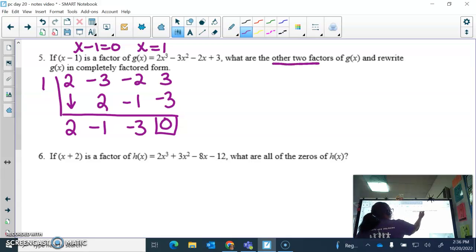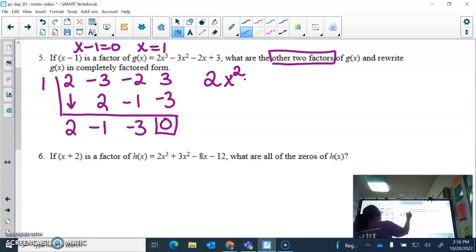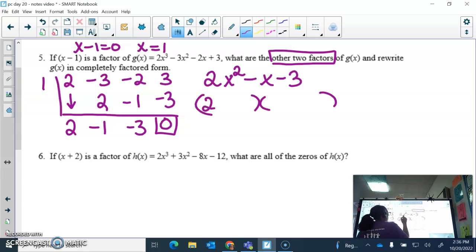And it says, what are the other two factors? So now I'm going to change 2 and negative 1 and negative 3 back into a polynomial. And I'm going to factor this quadratic. So I know that I have 2x and x, and I need negative 1.